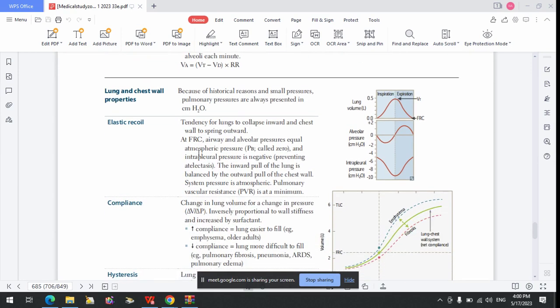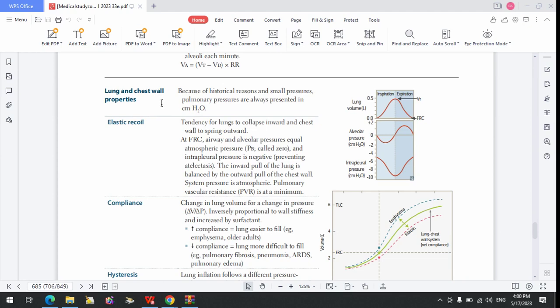Okay. So we move to the lung and the chest wall properties. Sorry guys, it's Dr. Zuliat here. Yeah, so the lung and the chest wall properties. I'm just going to start by talking about the fact that the chest wall has an inherent tendency to spring outwards.